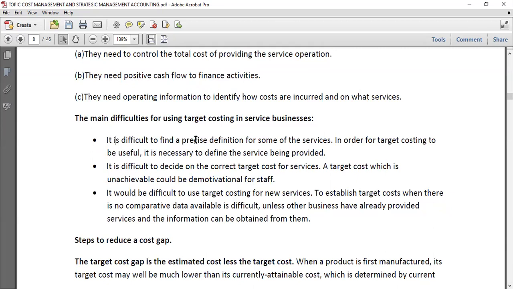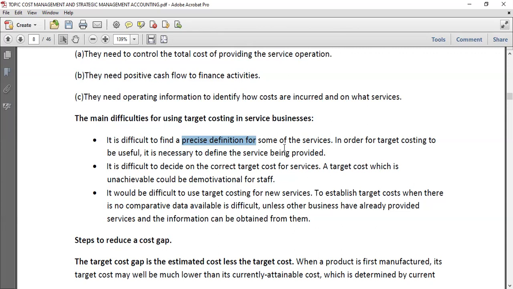The difficulty of a precise definition of some of the services. Basically, defining the service itself is a bit technical. It's also a bit difficult to decide on the correct target cost, because we may not know what exactly is entailed.